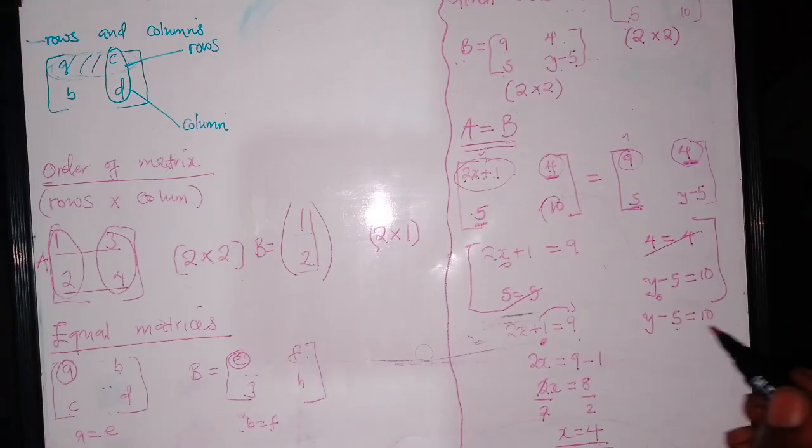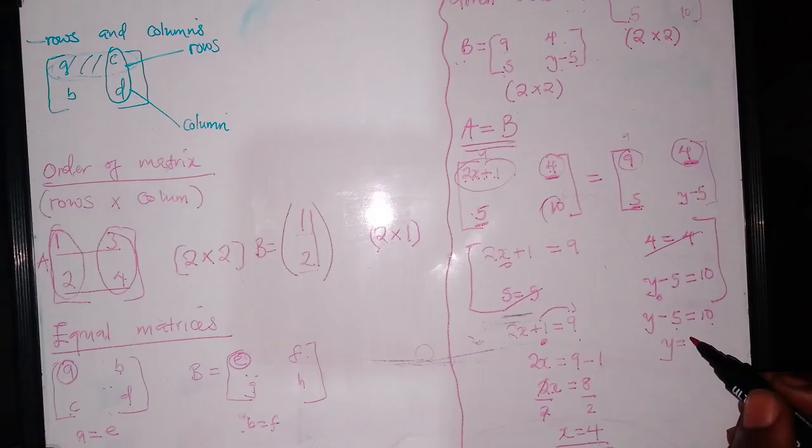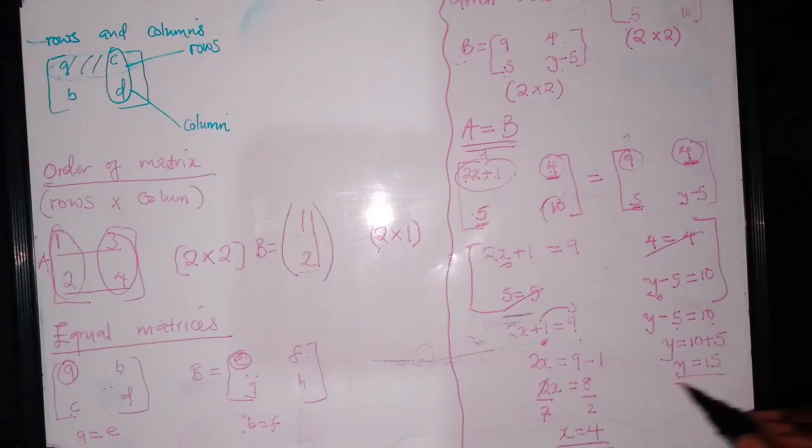Since 5 and 10 are like terms, you group them on the same side. So y is equals to 10 plus 5. So y is equals to 15. So our y is 15 and our x is 4.